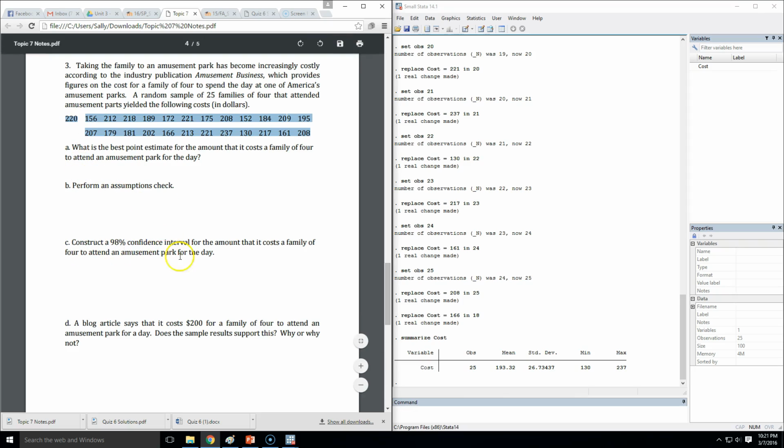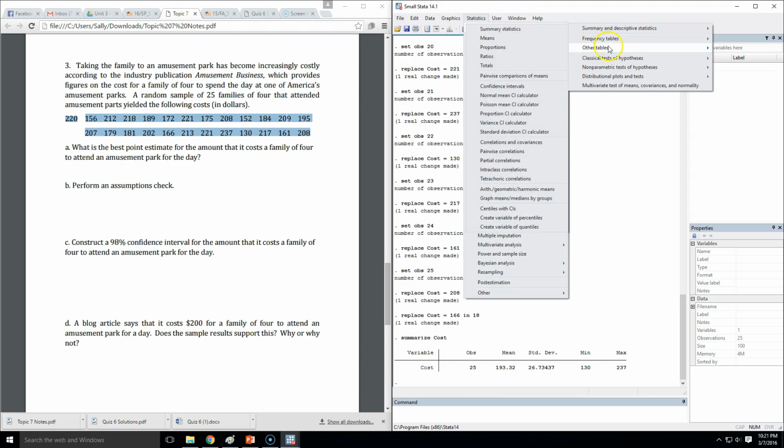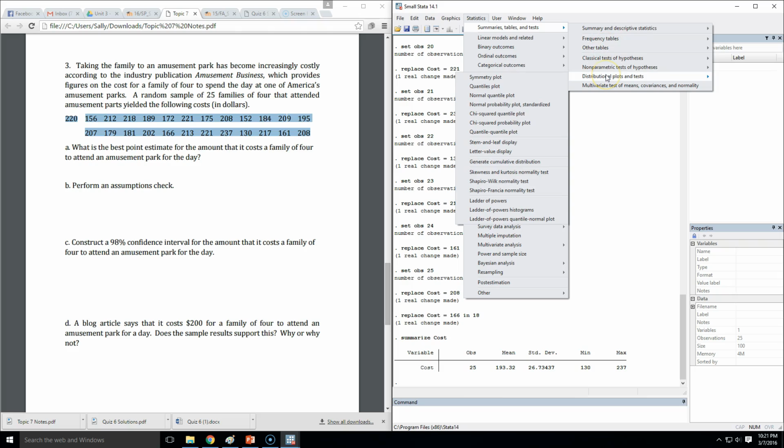Now next, when we get down to the confidence interval, the assumption check, we need to verify normality because we only have 25 pieces of data here. So in order to verify normality, this is a throwback to Unit 1, we go to distributional plots and tests, and this is the Shapiro-Wilk normality test.